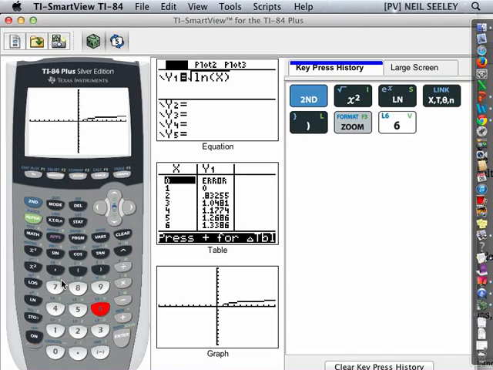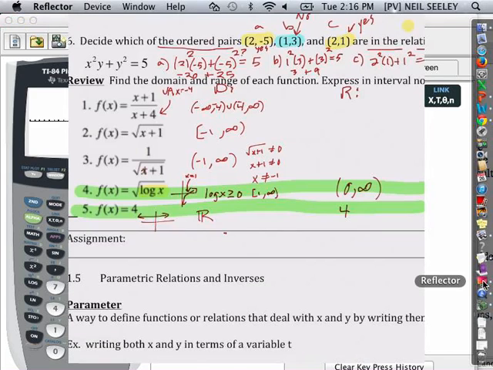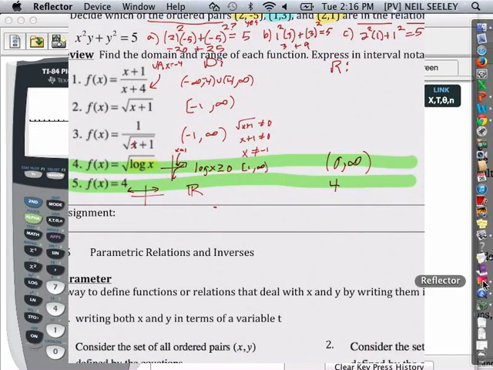Number 3, not so easy to figure out. Go for it, Abe. What's the difference between natural log and log? Oh, okay. So natural log and log. Let me default to my big screen so everybody can see it and it's in recording. Natural log of x is actually log base e of x, the same thing as ln of x.